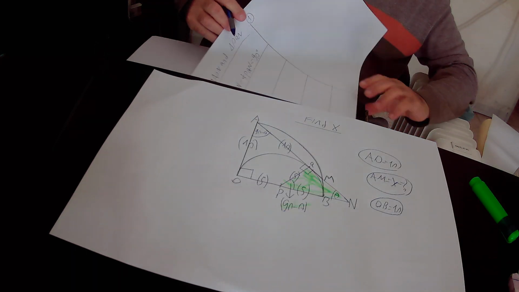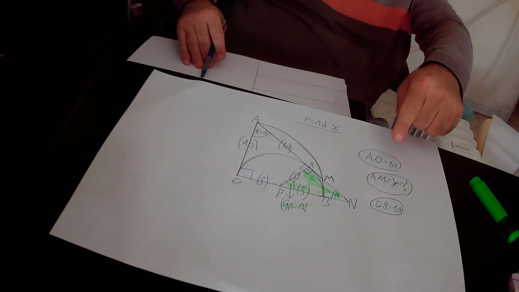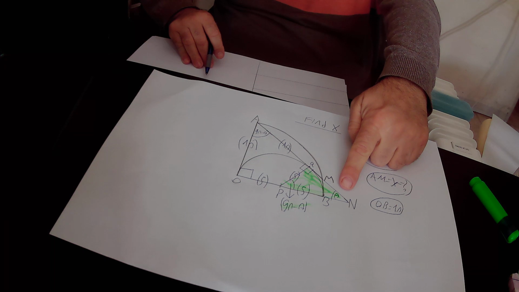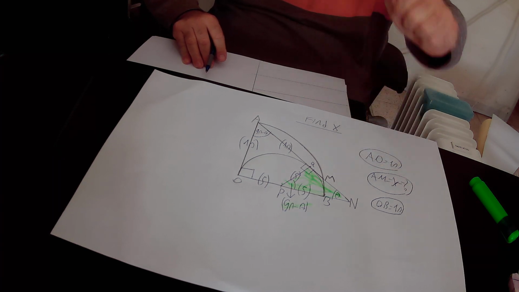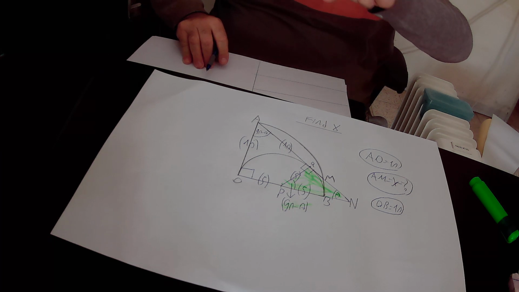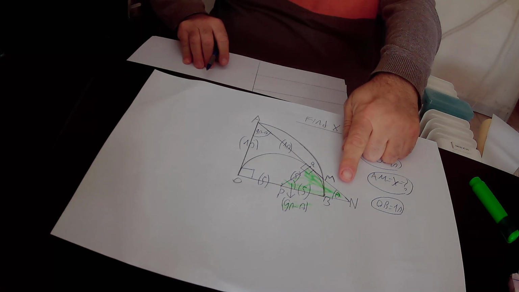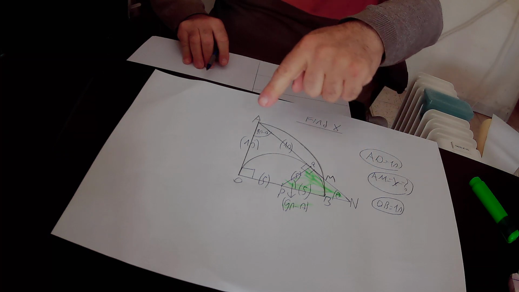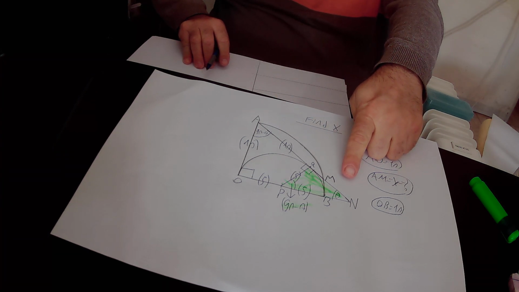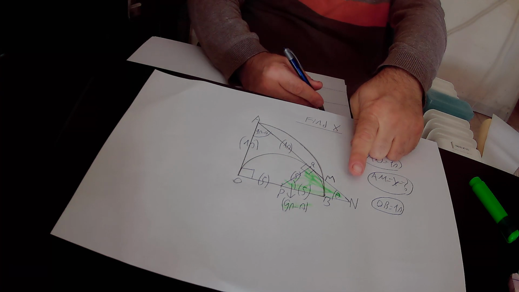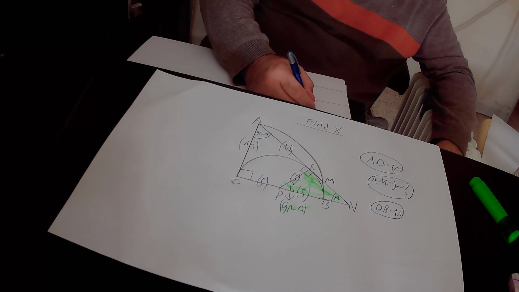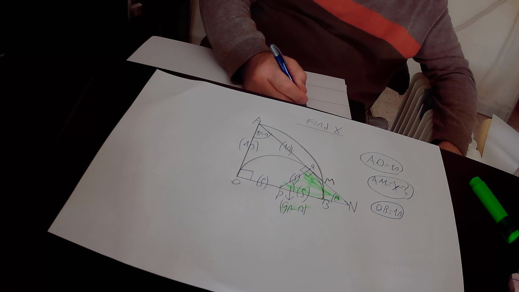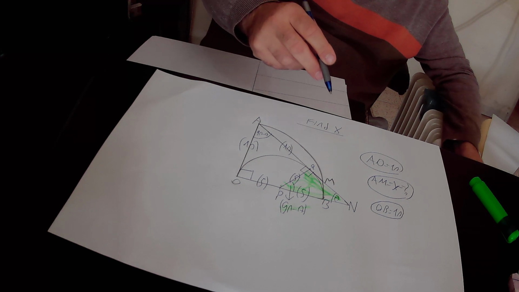In addition, this is angle theta. It is a common angle that belongs to both triangles, so we can write down that angle theta equals itself. If we refer to angle theta as it belongs to the big right triangle AON, it will be called angle ANO, and it equals angle theta itself.